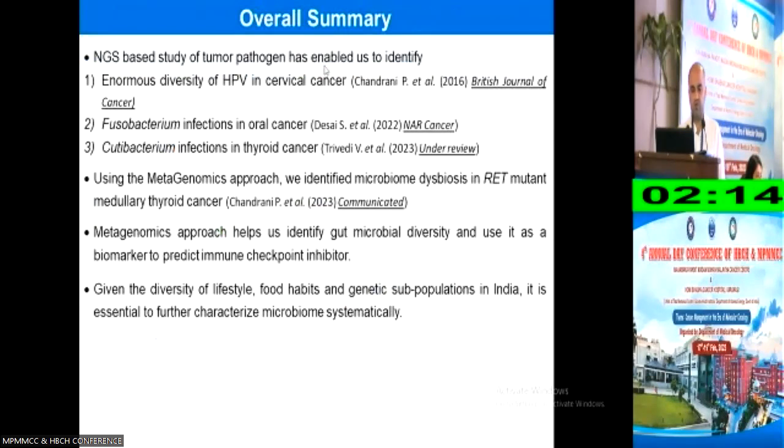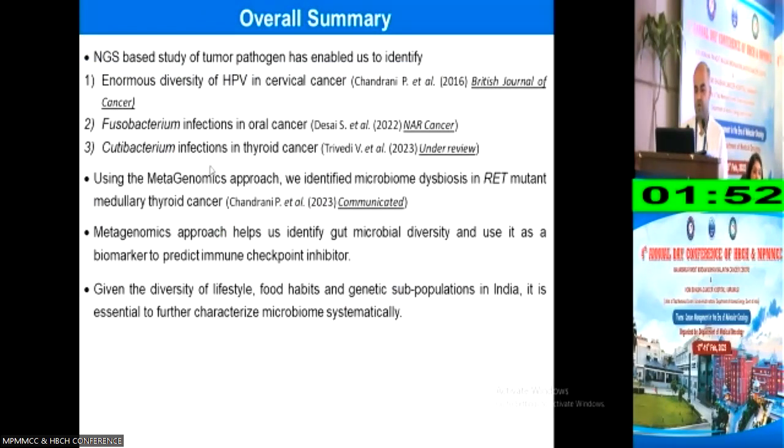So overall, what I have presented is our journey of microbiome analysis, in which we started with rediscovery of HPV by using this metagenomic approach, which we have taken further to detect non-typhoidal Salmonella, Fusobacterium and Cutibacterium infection in various cancer types.